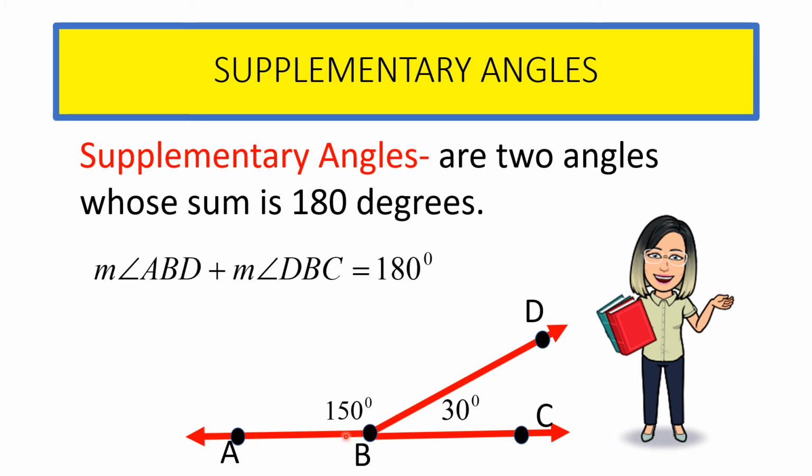The sum is equal to 180 degrees. Therefore, angle ABD and angle DBC are supplementary angles because the sum of the two angles is equal to 180 degrees.